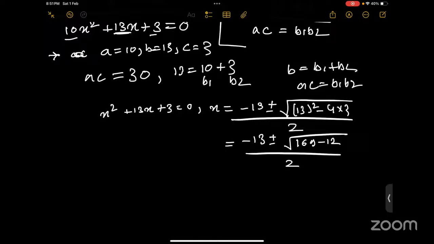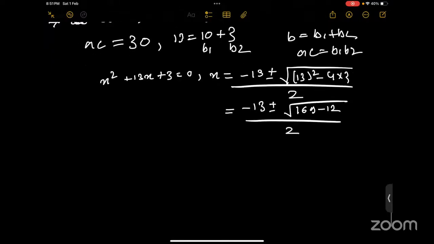Can anyone tell me? 169 minus 12, root over 169 minus 157. What is the value of root of 157? Yes, ma'am, it is about 12.52, that means 12.53, right?